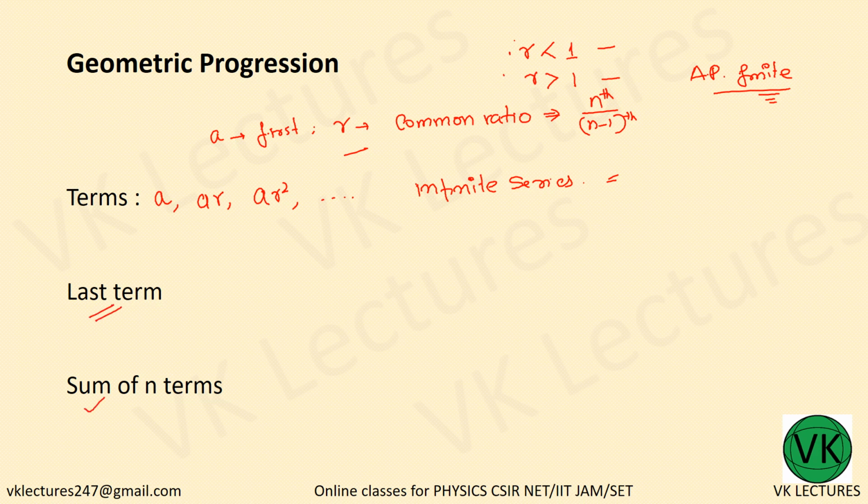Sum of n terms we require, but you will remove this. Sum is the sum over n equal to 1 to infinity of a, which is the first term, times r to the power n minus 1. Now this is considered as the last term in the series.